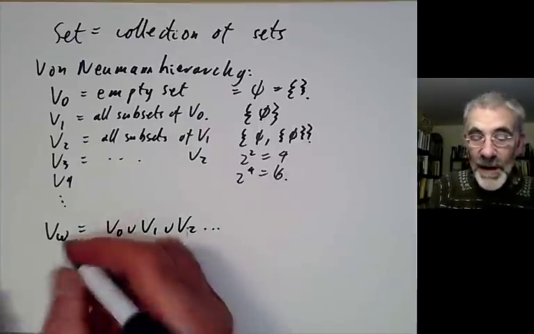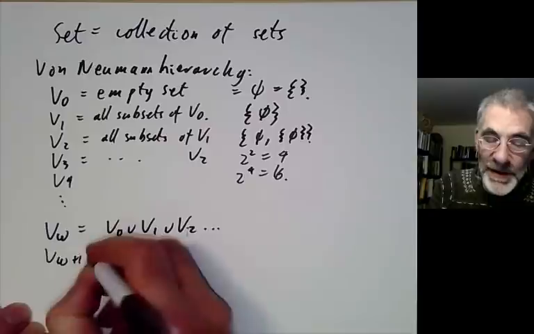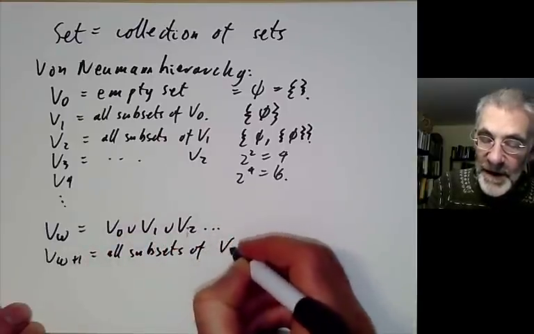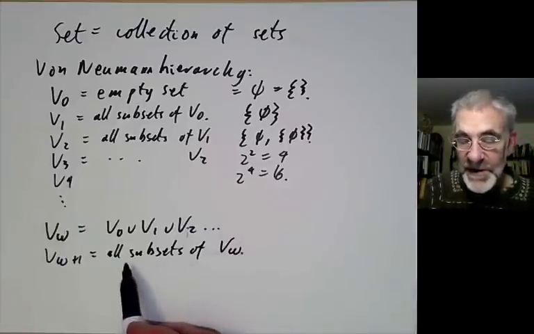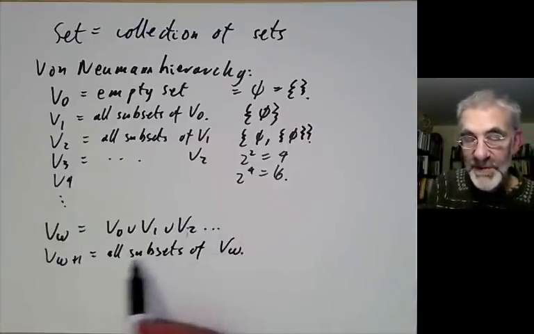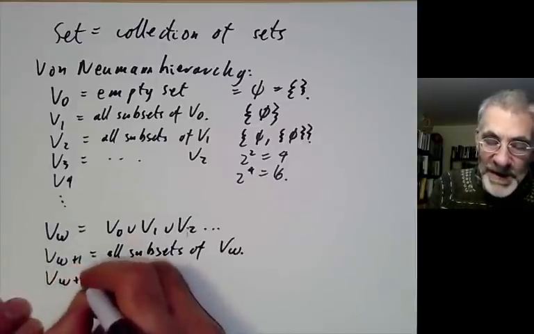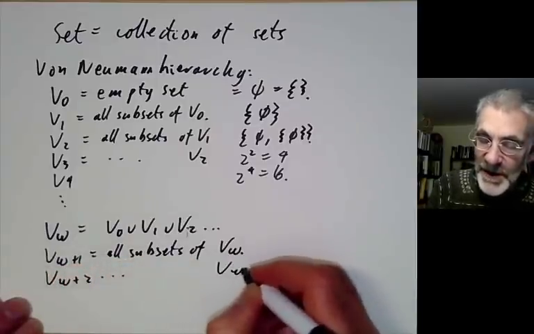And now we can continue. V omega plus 1 is going to be all subsets of V omega. There are some philosophical problems about what we mean by all subsets, but let's ignore those for the moment. V omega plus 2 is all subsets of V omega plus 1.